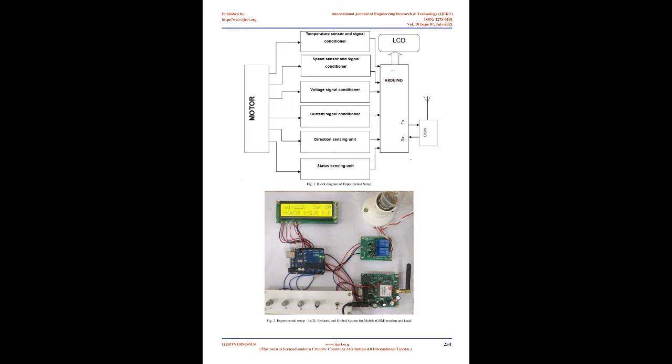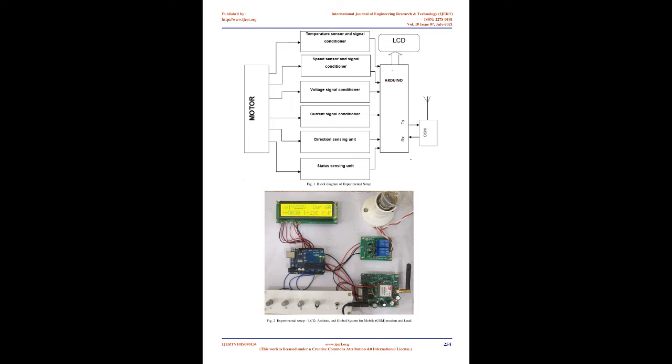The block diagram of the proposed system is shown in Figure 1. This add-on unit uses Arduino Uno, GSM modem 900A, LCD, signal conditioning units for voltage, current, speed, temperature, direction and status, and a relay unit.